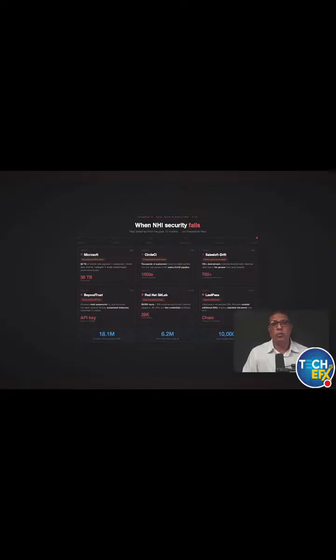The fourth case was the BeyondTrust API key compromise. Attackers exploited a compromised API key to reset passwords for local application accounts in BeyondTrust's support SaaS. The company had to revoke the key and suspend impacted instances to contain the damage. The fifth case is the Red Hat GitLab breach.